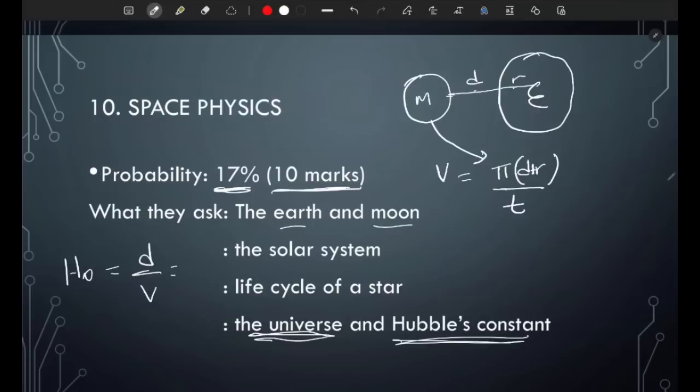So it's measured in seconds minus 1, and the value is 2.27 times 10 to the power of minus 18. But you don't need to memorize this, as if there's a question about Hubble's constant, the Hubble's constant would be given. And Hubble's constant could be used to determine the age of the universe.